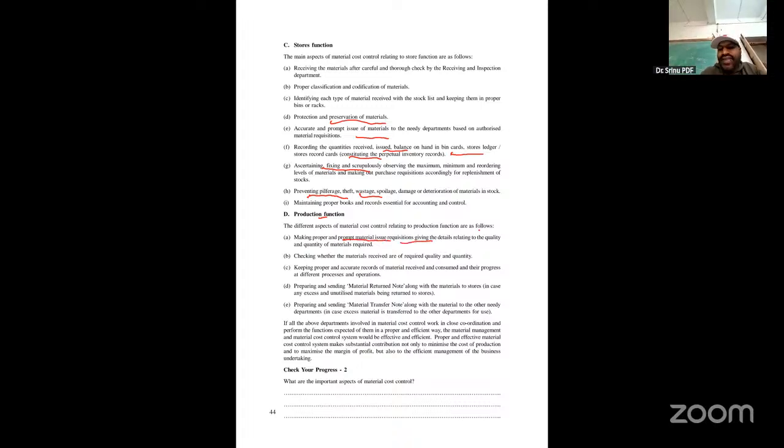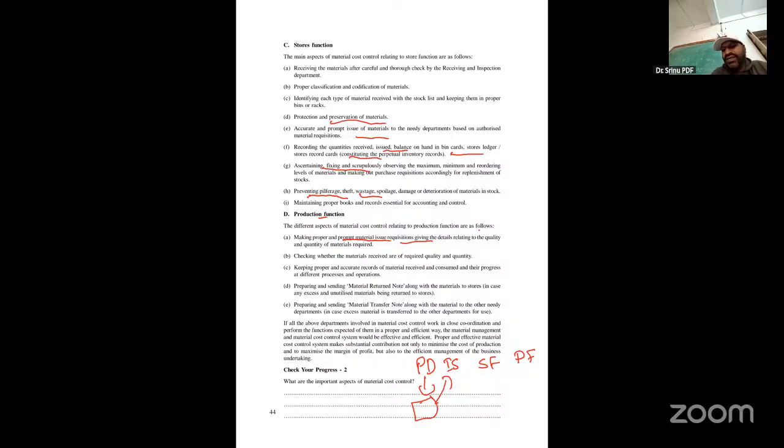See, in every organization, generally, four departments we are discussing. First one is the purchase department, next is the inspection department, next is the stores function, and next is the production function. The purchase department purchases the material, and whatever material it purchases, the inspection department inspects.